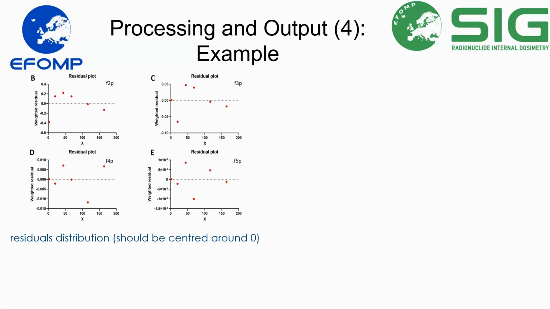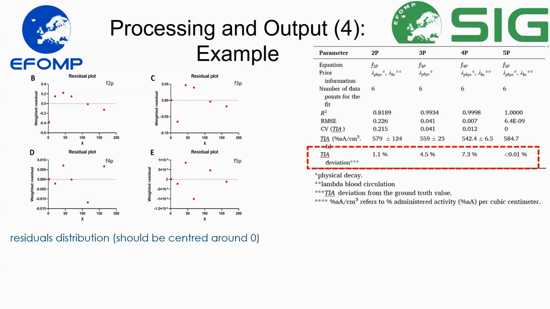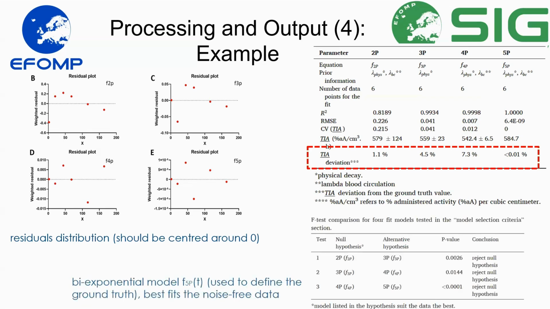If it's random and centered around 0, then we can say that the fitting is quite nice. It would be beneficial as well if we can also show the deviation of the TIA that we estimated from our fitting. We can also perform several different types of tests.